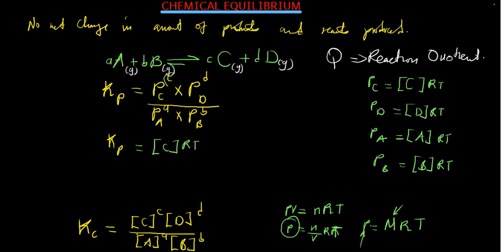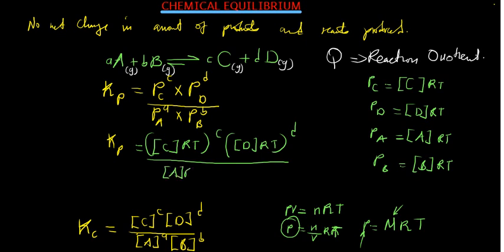But remember, it is raised to the power C, so everything here is raised to the power C, and then where there is D, we are going to put concentration of D times RT, also raised to the power D. And then down where there is pressure of A, we are going to replace that. So that is the concentration of A times RT, raised to the power A. Where there is pressure of B, we are going to substitute the concentration of B multiplied by RT, also raised to the power B.